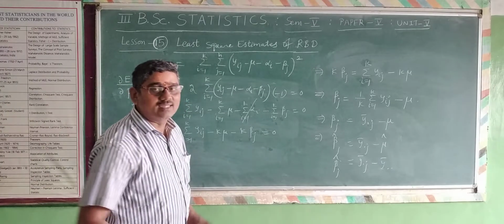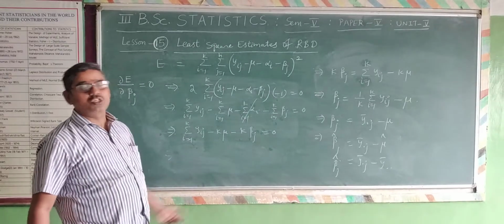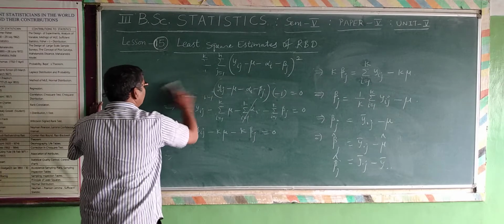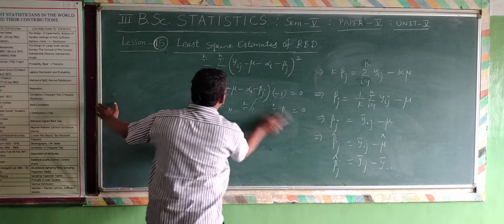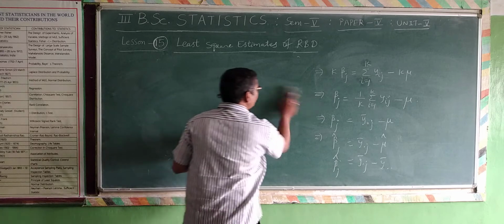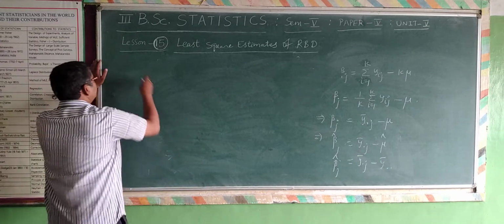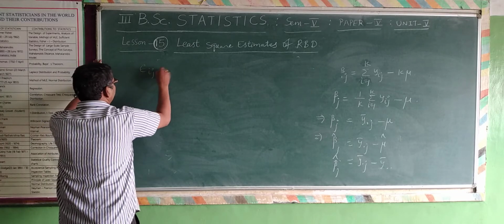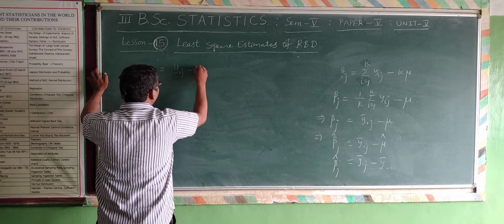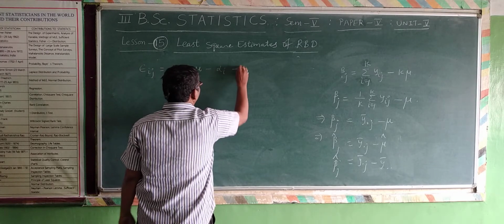Now it is required to estimate the value of epsilon ij. Epsilon ij is one error which cannot be found out exactly, but now we take part of our simple calculation. So epsilon ij is going to be estimated by yij minus mu minus alpha i minus beta j.